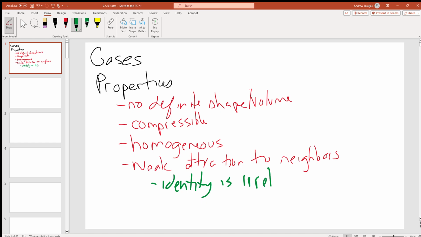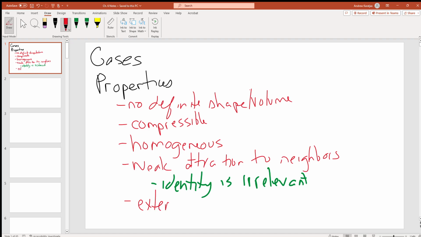And this is not the case for liquids and solids. As you'll learn in a future chapter, whether two liquids or a solid and a liquid are able to mix very much depends on what the compounds are. But for gases, because the attraction between molecules is so weak, what those molecules are doesn't matter.